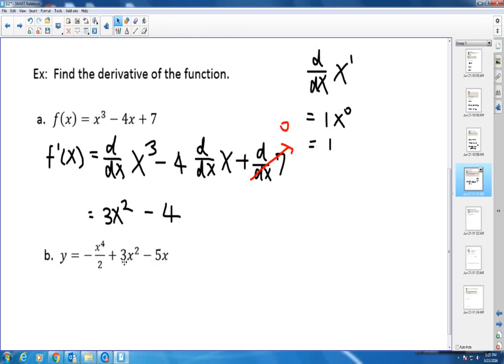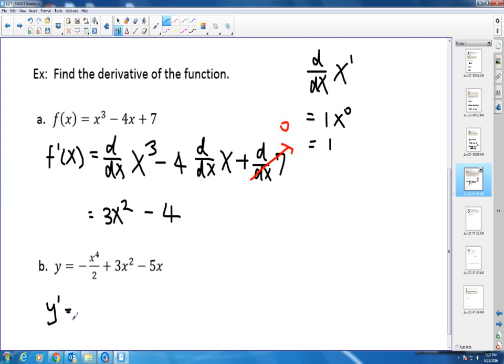Alright, so part B, I'm going to do a little bit quicker. The derivative of y, I'm going to say y prime. My constant is negative half, so that'll be negative half times, move the exponent to the front, 4 times x to the 3rd power.